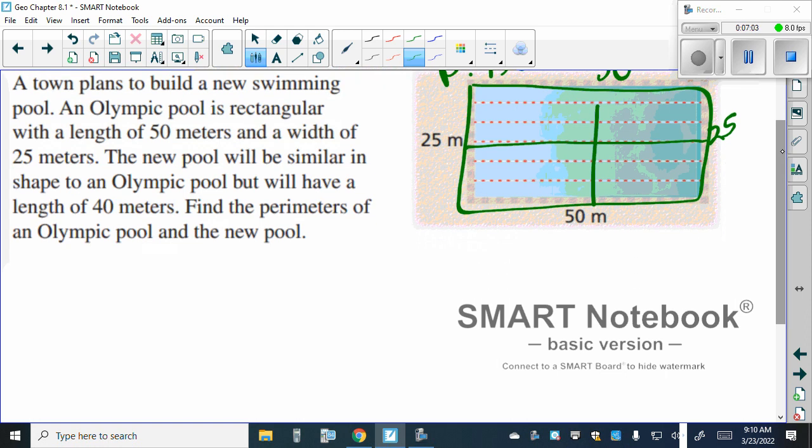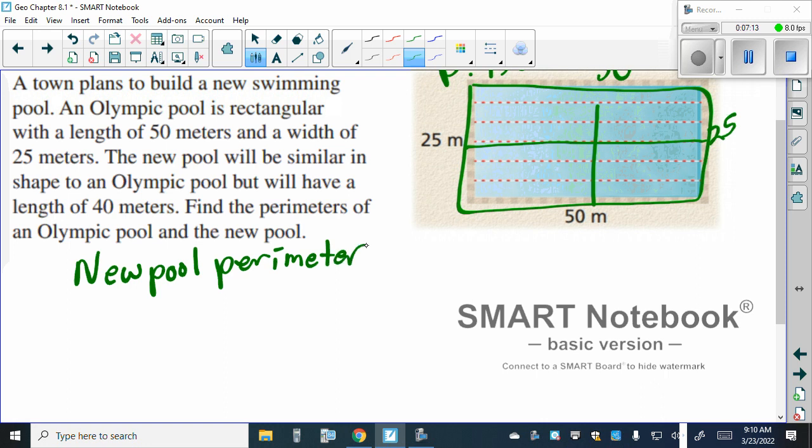So we want to find the new pool perimeter. That's what we're wanting to find.